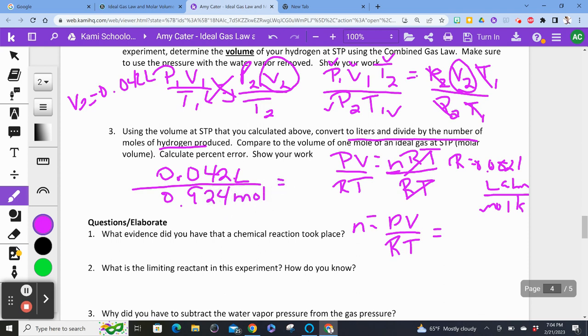Okay, so if we divide those two things out, then that means our molar volume, our liters per mole, would be 0.042 divided by 0.924, which is 0.045 liters per mole.